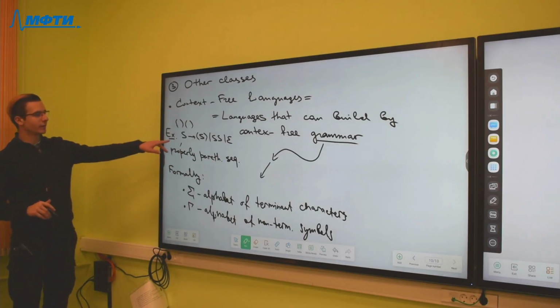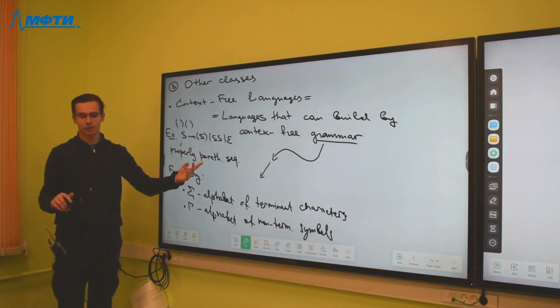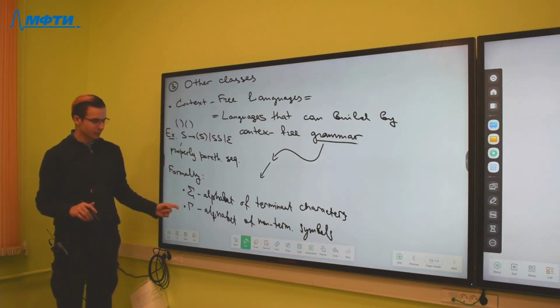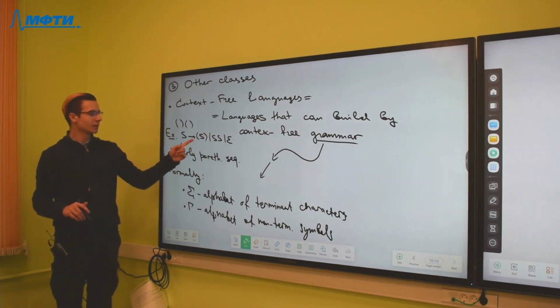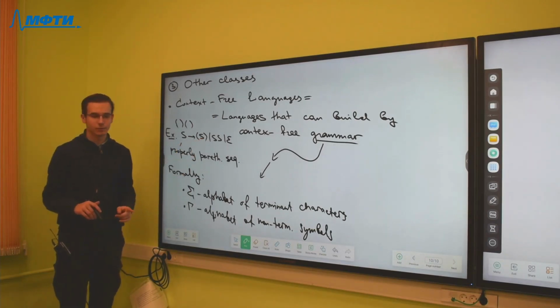For example, here you can find S as symbols from gamma, and two characters equal to parentheses in the alphabet.